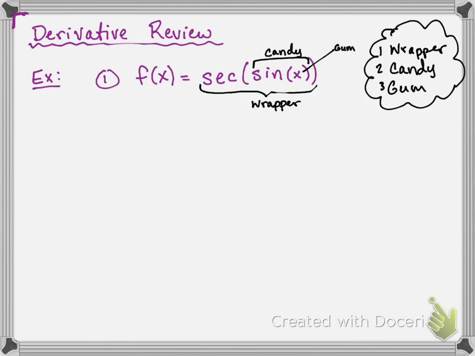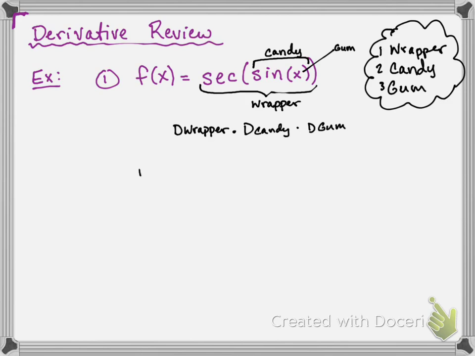So in order to effectively apply the chain rule, I've got to take the derivative of the wrapper times the derivative of the candy times the derivative of the gum, and I just work my way inside as I go.